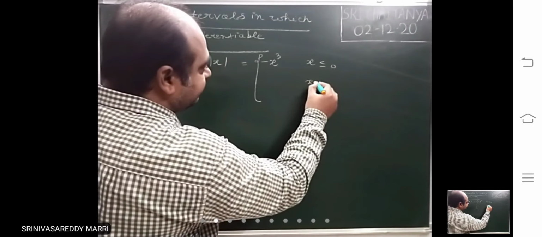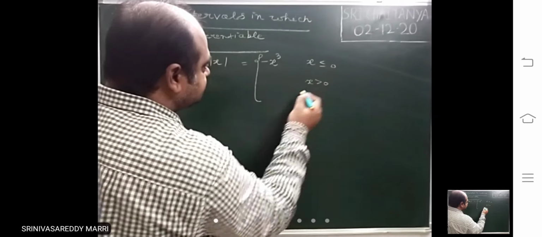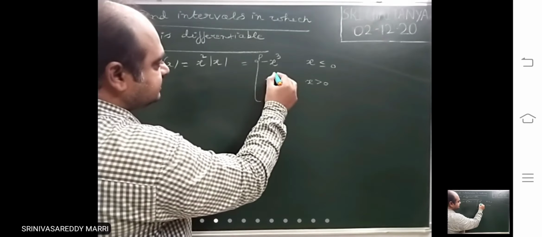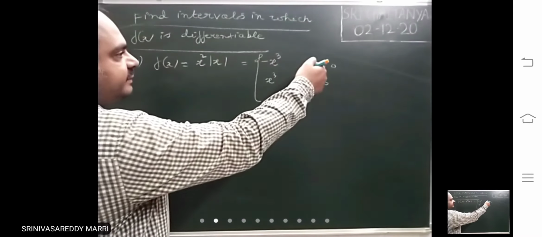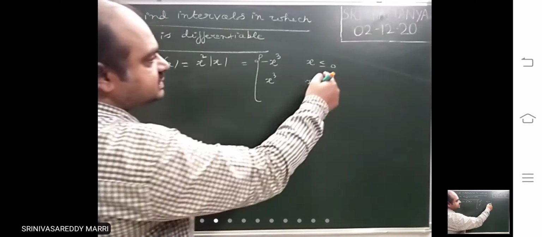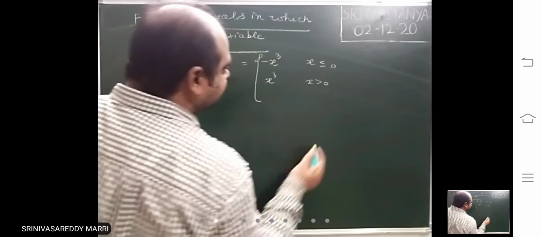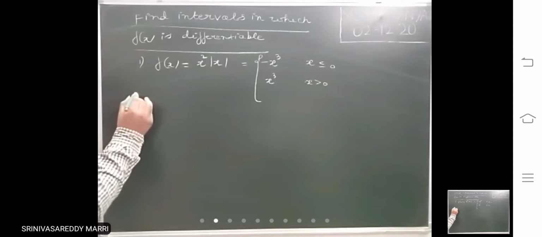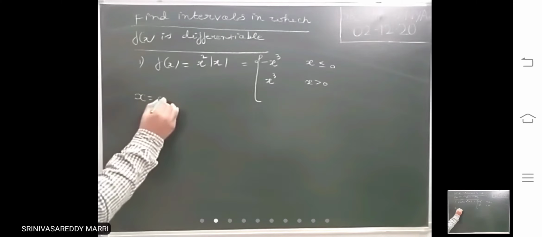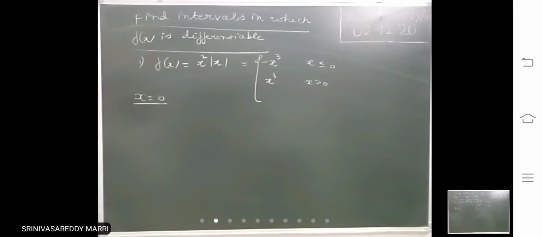And when x is greater than 0, this will become x cube. That means there will be two rules, so the rule changes at x equal to 0. That means at x equal to 0, you have to check the differentiability.